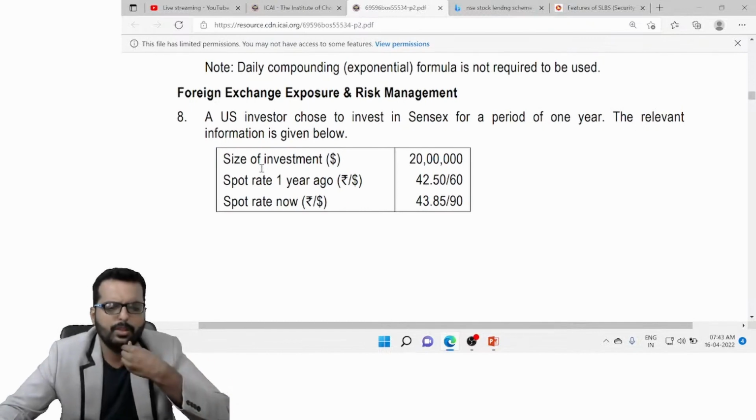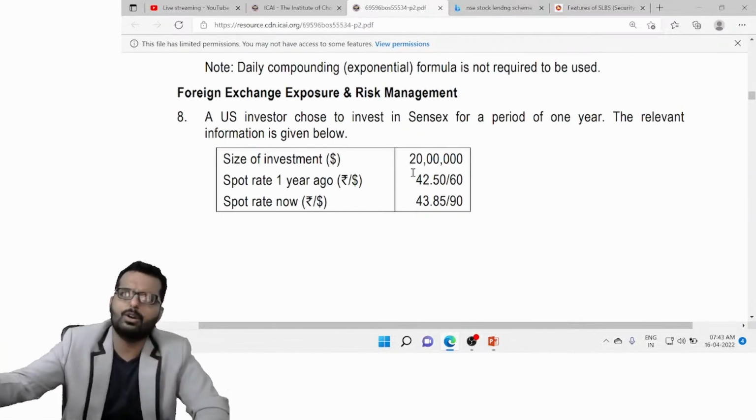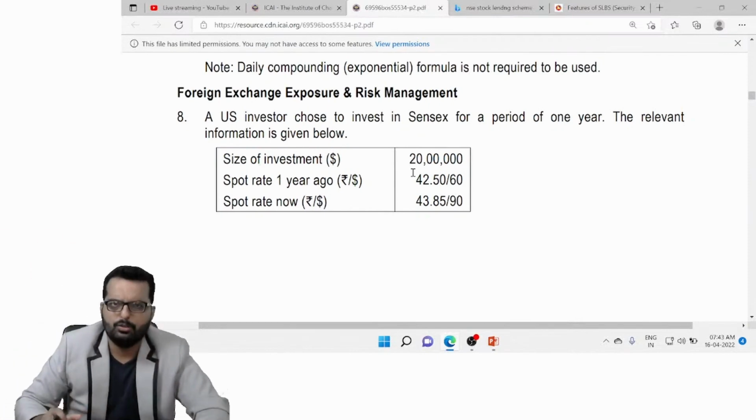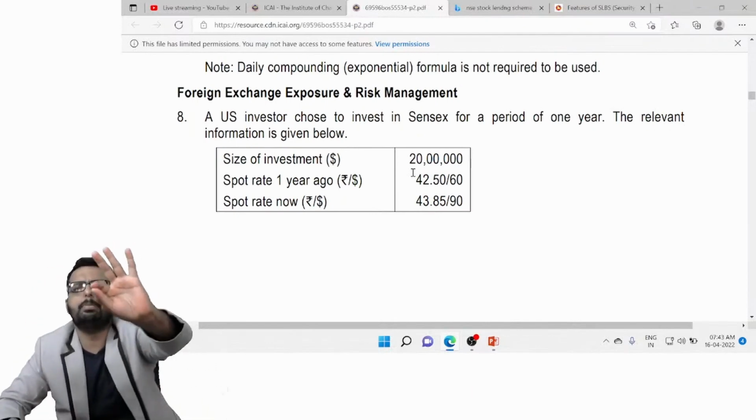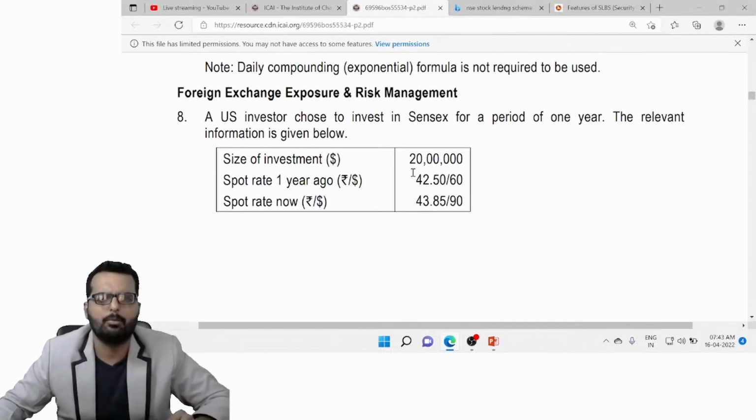All right. Now, friends, I need to ask you a question, even though it will take some time for me to wait, it's okay. 1 year back, that fellow comes to India with 20 lakh dollar. So he will come to India with 20 lakh dollar and exchange that into rupees. Will it be the bid rate or will it be the ask rate? Come on, think and tell me.